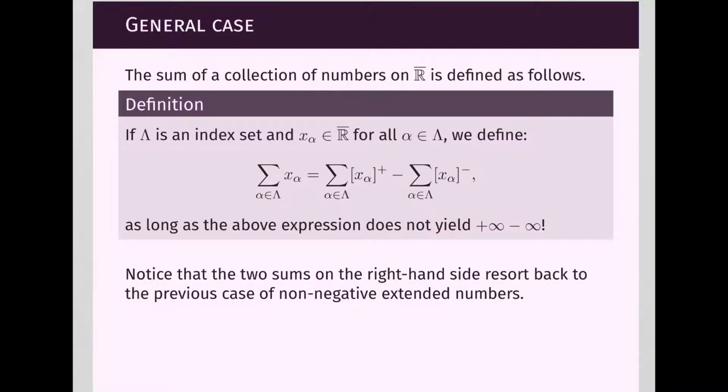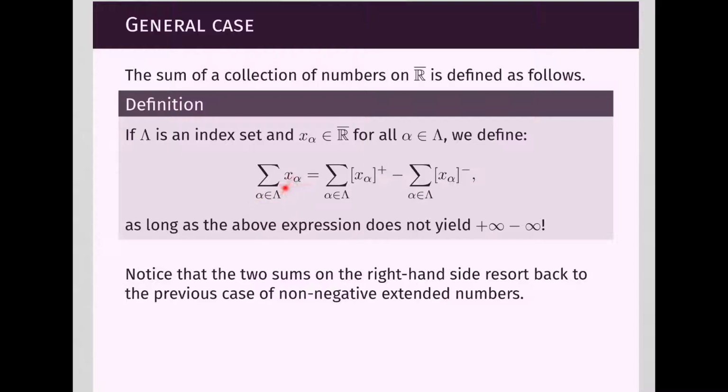And now that we know how to add an arbitrary collection of non-negative numbers, now we can add a collection of any types of numbers. So if we have an index set and a collection of numbers indexed by that set of extended real numbers, then we can define the sum of all those numbers as follows.